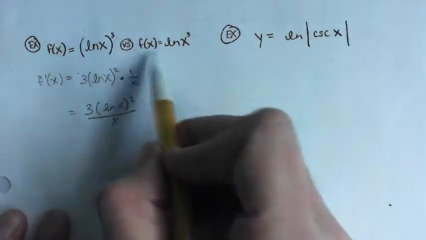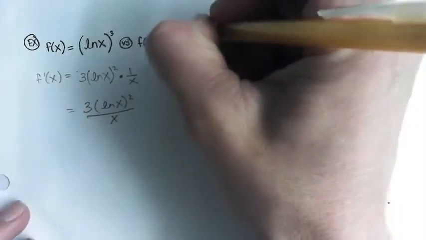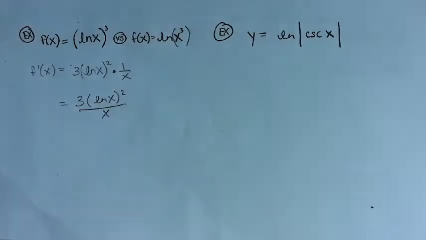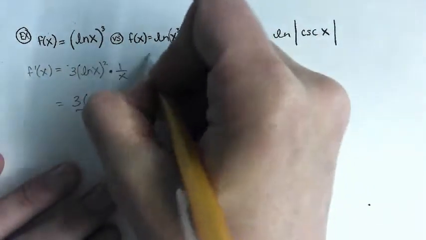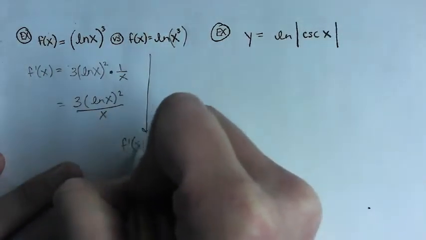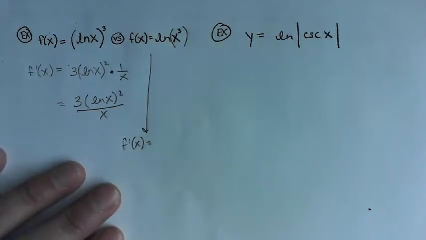Versus, on the other one, the x is actually being cubed. You don't need parentheses here, but if it helps you see it, you can put them there. That cubed is on the x. So your derivative for this one, take a stab at it, Stephanie.